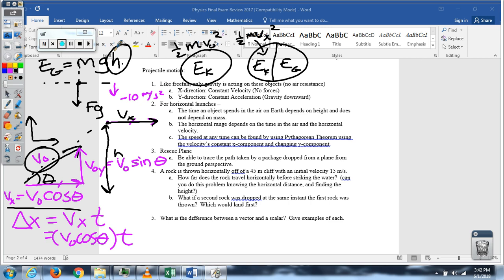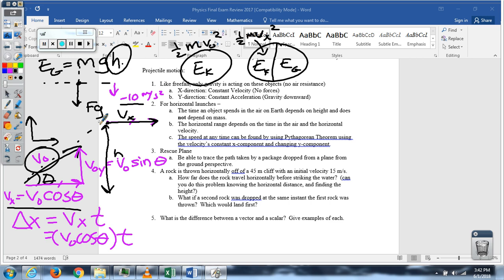You would have used the time independent equation to figure out the max height in a situation like this, because you know what v initial is, you know what acceleration is, and you know that v final y is 0.